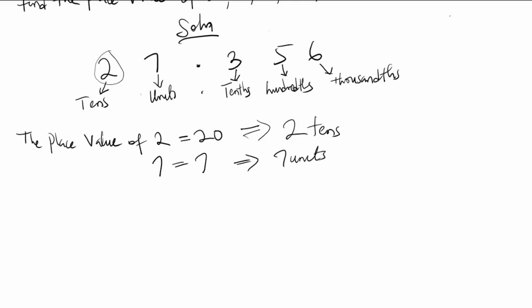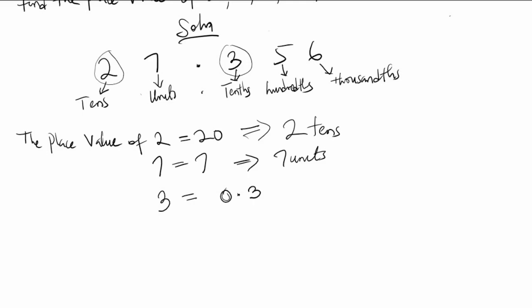Then we go over to the decimal part of it. Place value of 3 is 0.3. How did you get it? We put down this 3.